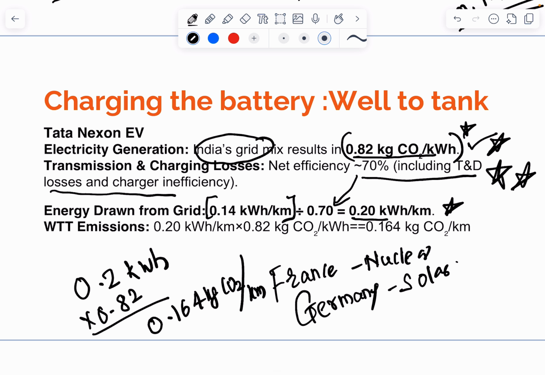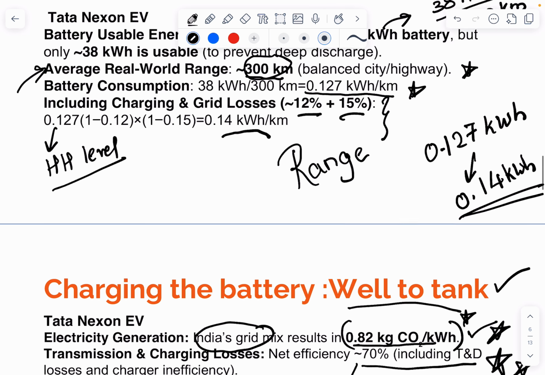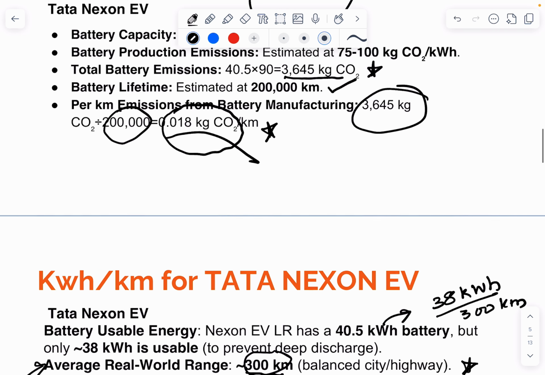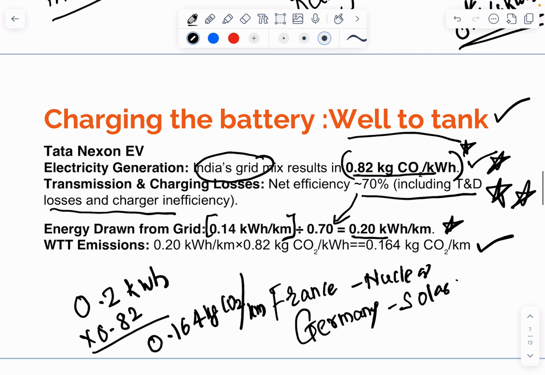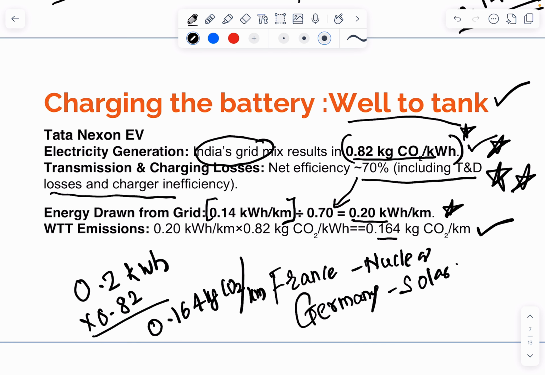So if this is clear, now your well to tank numbers are clear to you. Well to tank in case of a battery vehicle, as I said, would be this number plus the number which we had got earlier, that is this number. So 0.018 kgs from battery manufacturing and 0.164 kgs of CO2, including the emissions from the power plant.